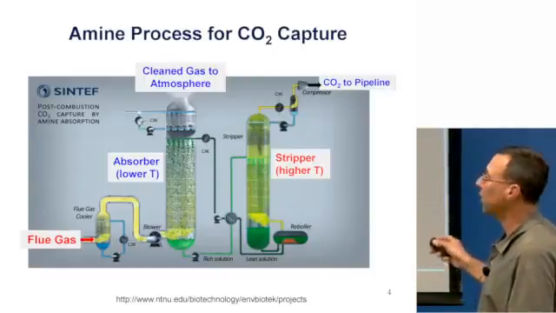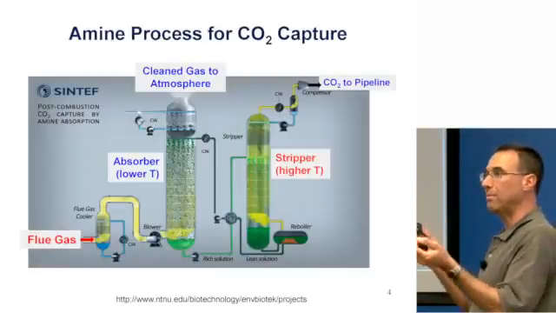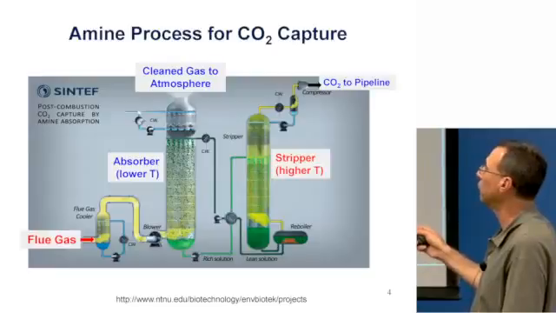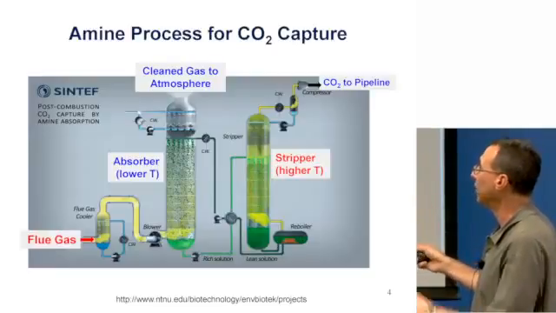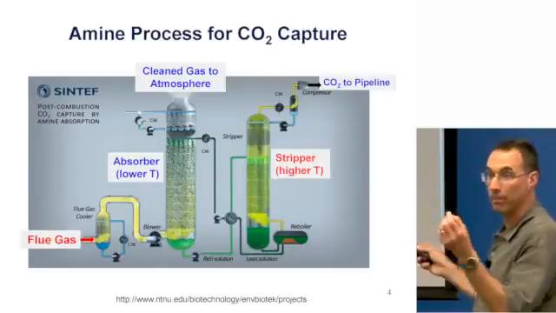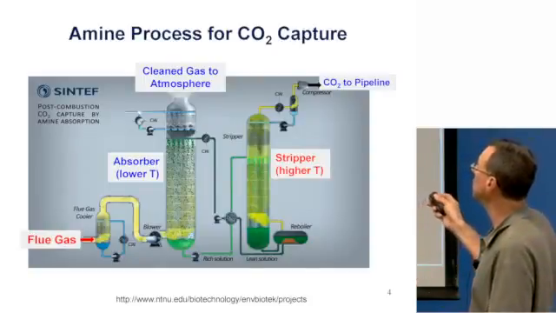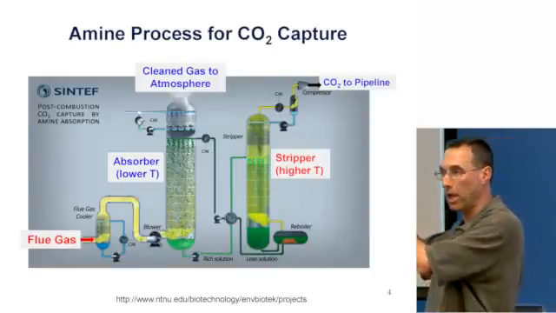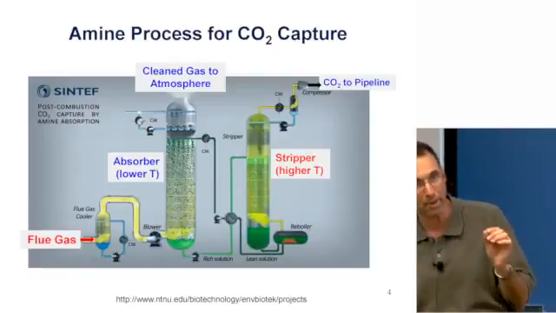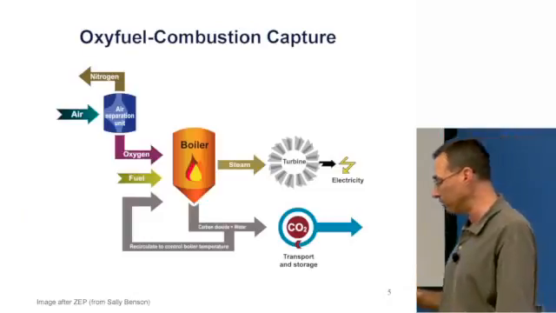Then in the stripper column, the temperature is higher, and when the temperature increases, the amine releases the CO2. The nitrogen just bubbles through off to the atmosphere. At lower temperature, the CO2 is captured. Then at higher temperature, now you can see where the heat is required, the CO2 is released, it's pressurized, it's sent off to the pipeline, and we can inject it into the subsurface. So you see where the energy penalty is coming from in order to capture this CO2.